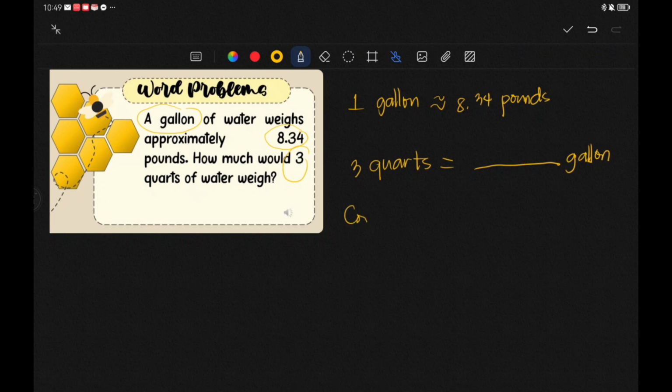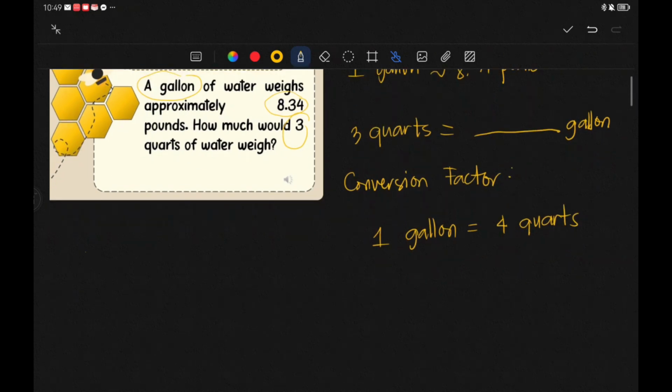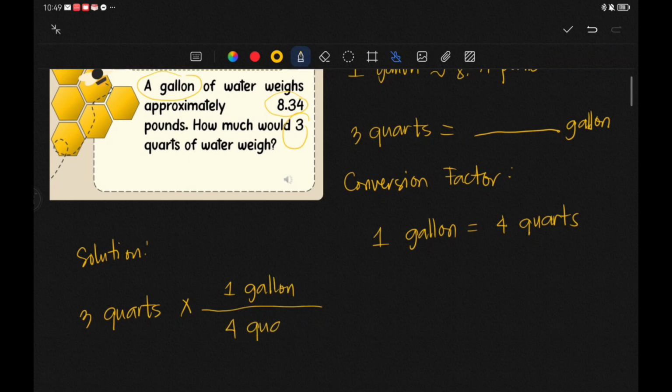So we need to remember the conversion factor. 1 gallon is equal to 4 quarts. Now for the solution, we are going to write 3 quarts times 1 gallon over 4 quarts.